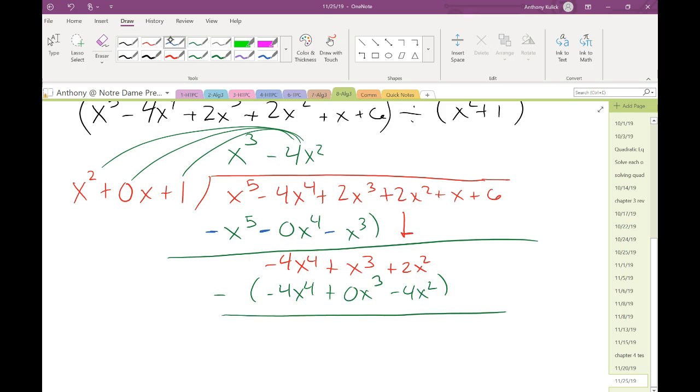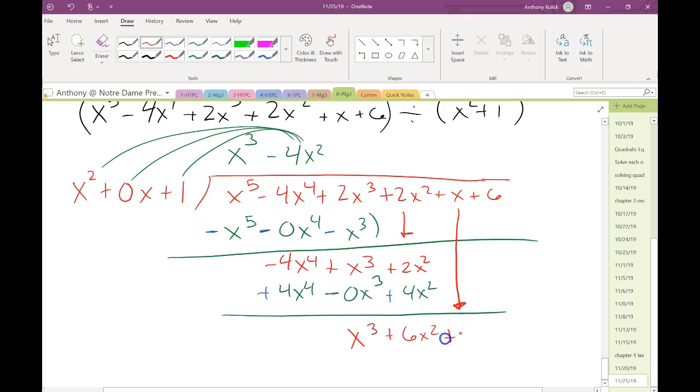And then let's distribute that negative. So that becomes a positive. That becomes a negative. That one becomes a positive. So I have x cubed plus 6x squared. And we'll bring that plus x down.